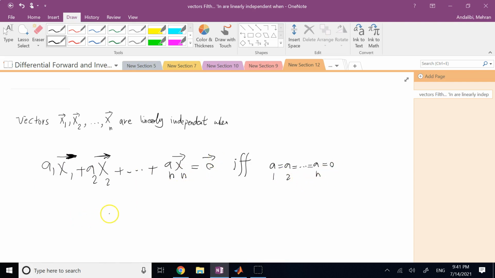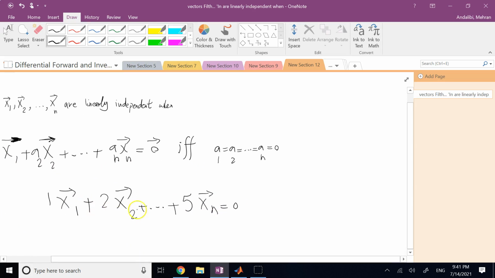I cannot, for example, have 1 times x1 plus 2 times x2 plus a bunch of other things plus, let's say, 5 times xn equal to 0. If I can find non-zero weights, even if one of them is non-zero, if I can find any combination like that, it means these vectors are linearly dependent.